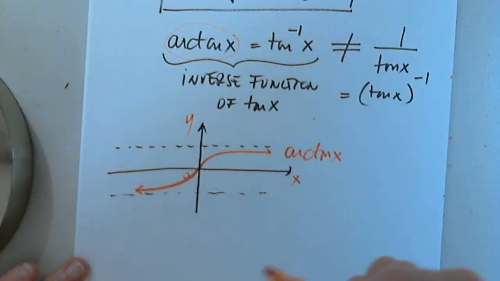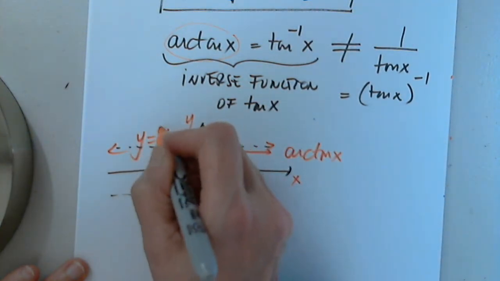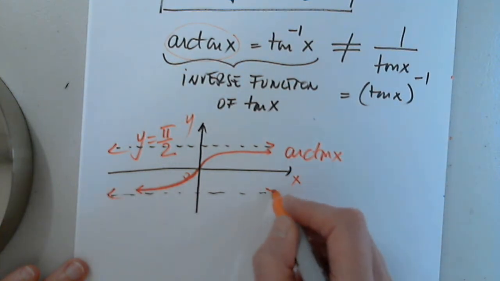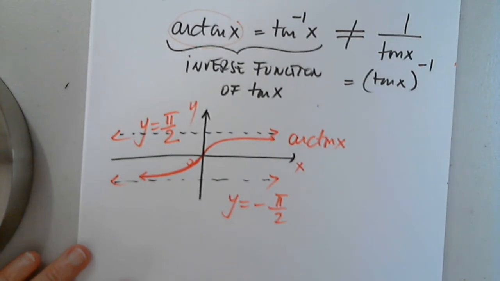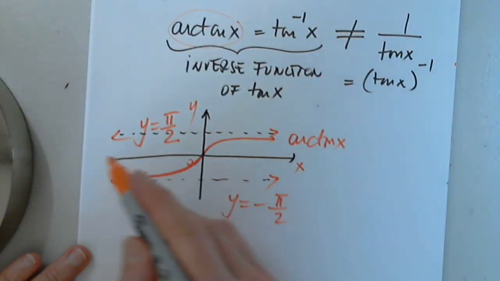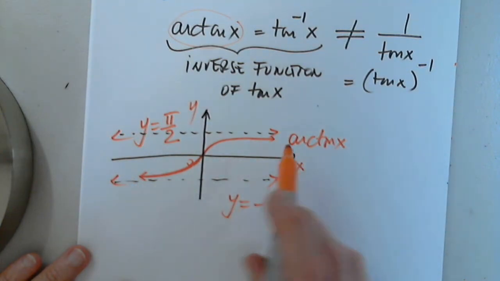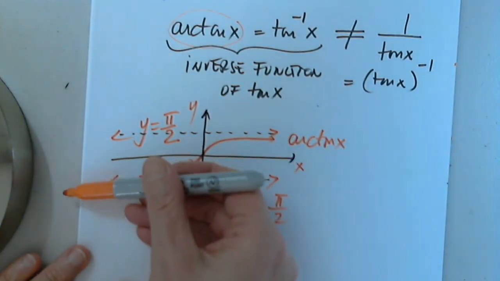So this horizontal asymptote is y equals pi over 2, and this horizontal asymptote is y equals negative pi over 2. So notice that this function does not have the same horizontal asymptote at both ends. It has pi over 2 here, but it has negative pi over 2 here.